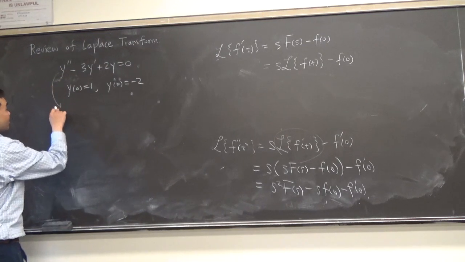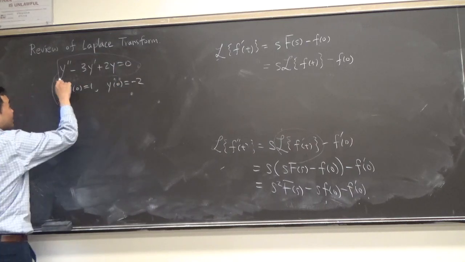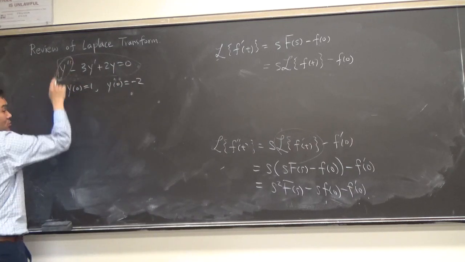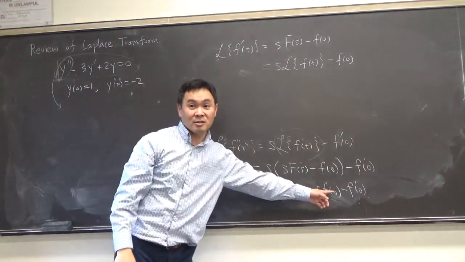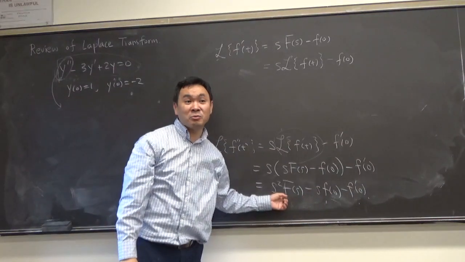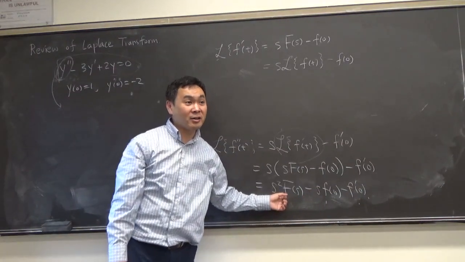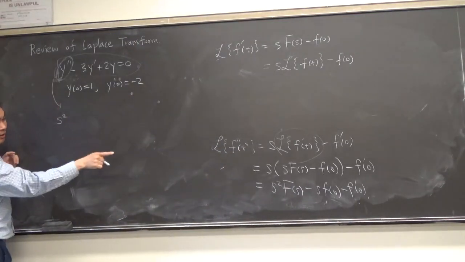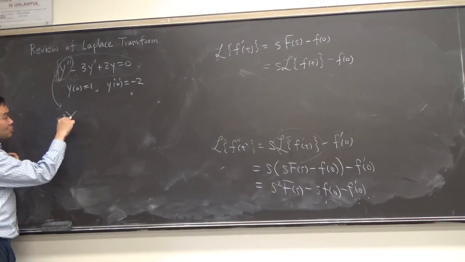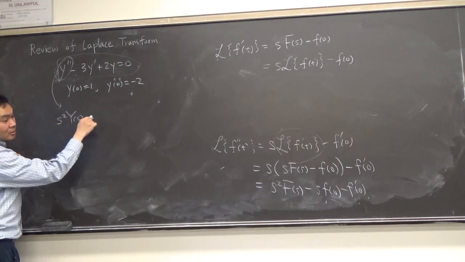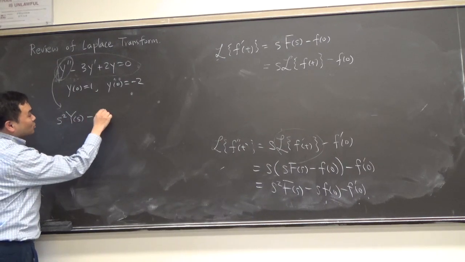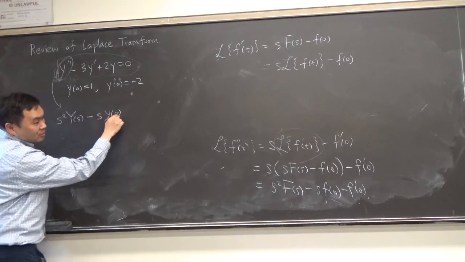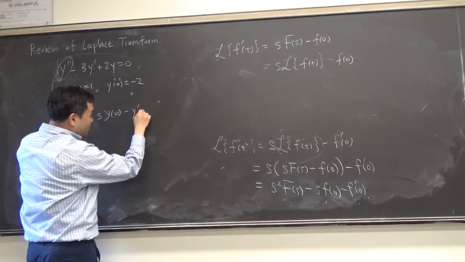Now let's take the Laplace transform of this entire thing. I know the formula for this one, but instead of using letter F, we'll be using letter Y. So let's see, what does this become? It's s squared, instead of f I write capital Y of s, minus s times y of 0 minus y prime of 0.